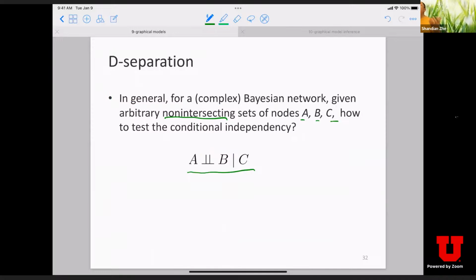Of course, the number of variables in A, B, and C can be much larger than three nodes, so it's much more complicated than the three cases we discussed.